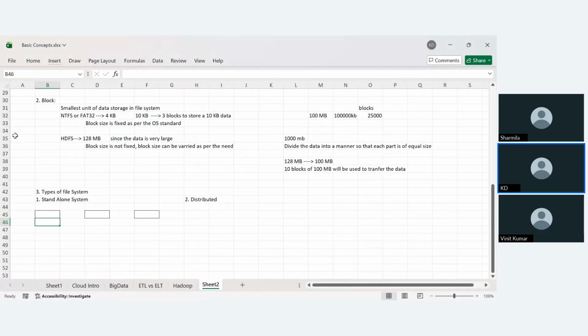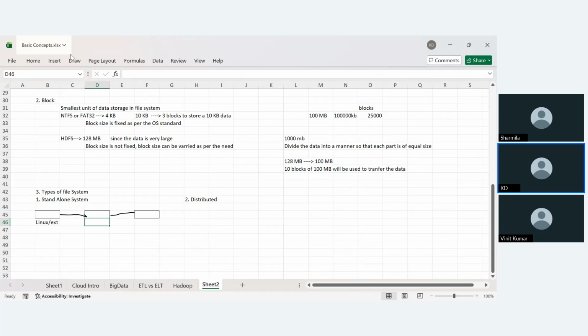Now let's say all these nodes are Linux based systems, and these Linux based systems are using the ext file system. All these systems are connected together over a network.